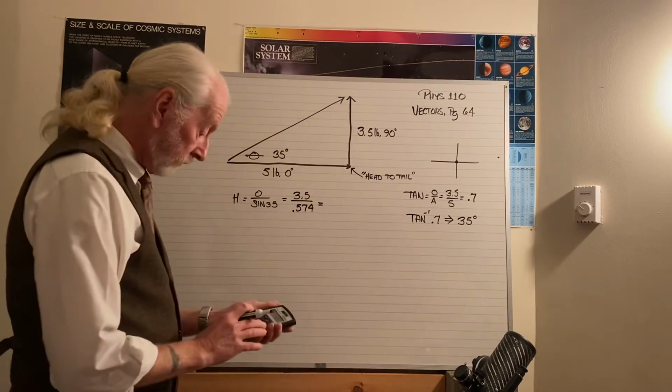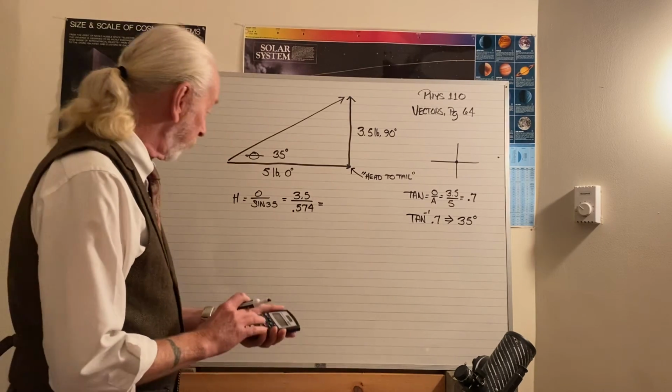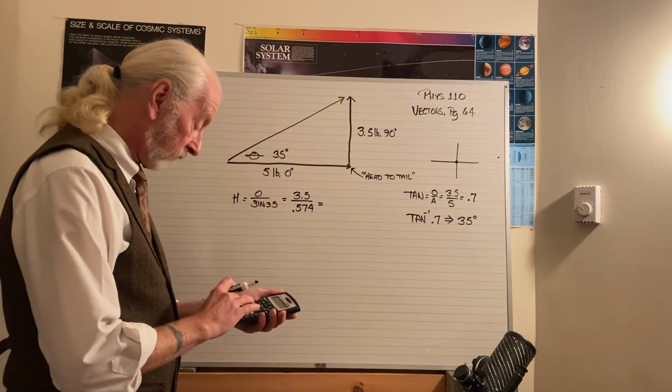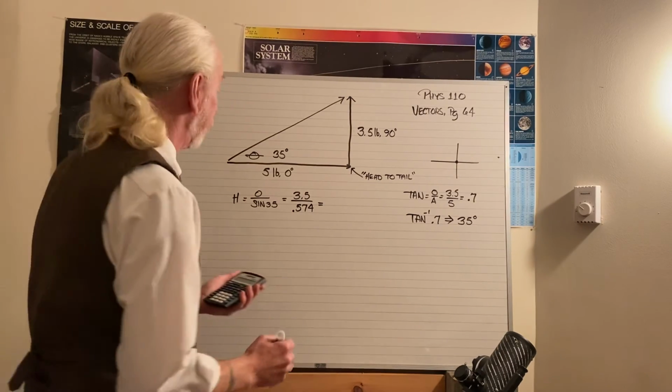And we divide that. 3.5 divided by 0.574, 6.098.